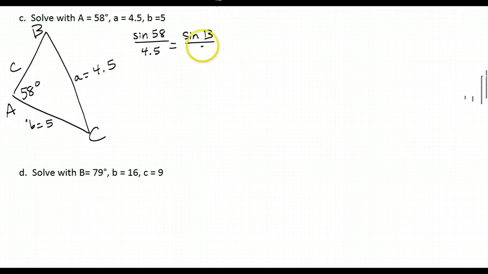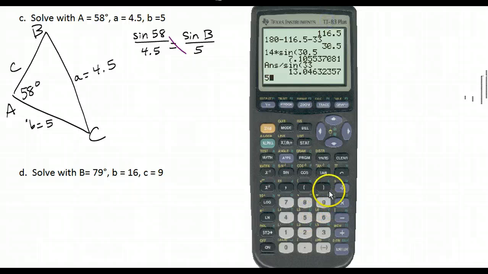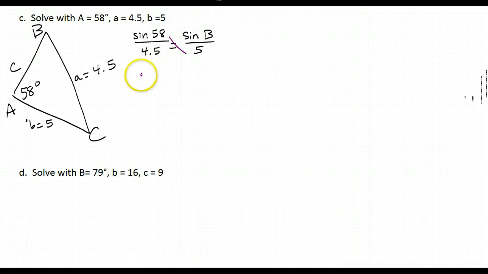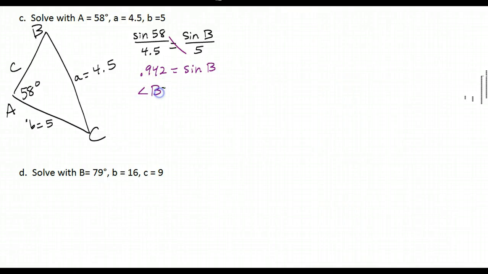Side B is 5. All right, let's cross multiply. 5 times sine of 58 divided by 4.5. Sine inverse both sides to get B by itself, and it's 70.4 for angle B.